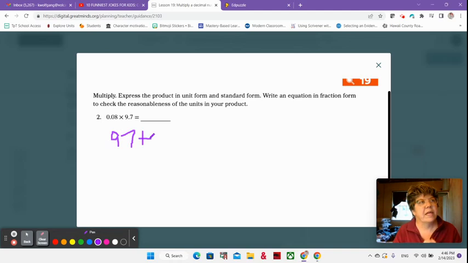97 tenths. And how many hundredths is in 8 hundredths? Well, that is 8 hundredths, right? 97 tenths and 8 hundredths. So then we need to multiply 97 times 8. Okay, so 8 times 7 is 56.